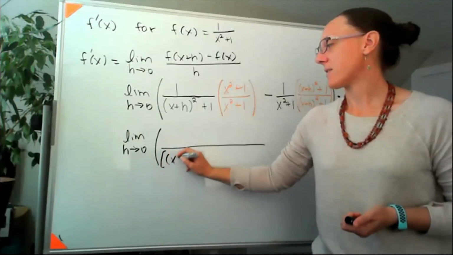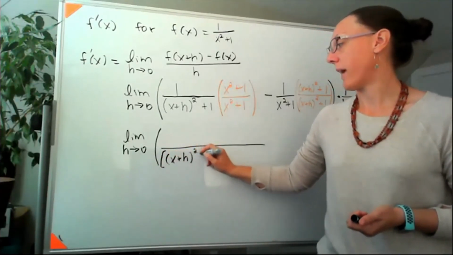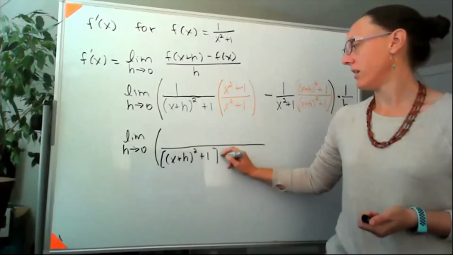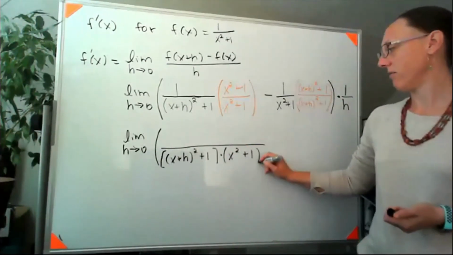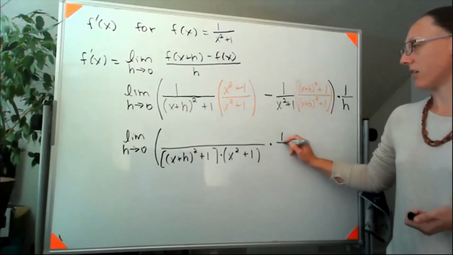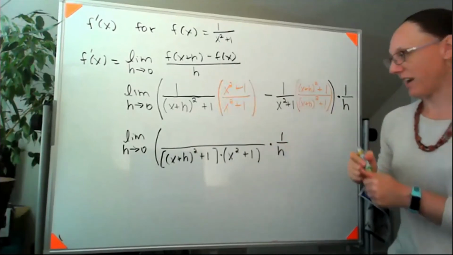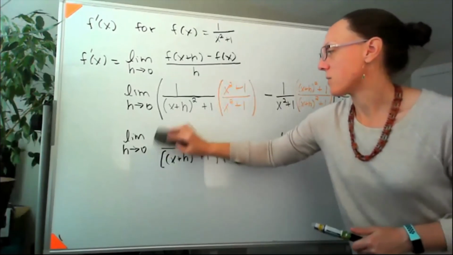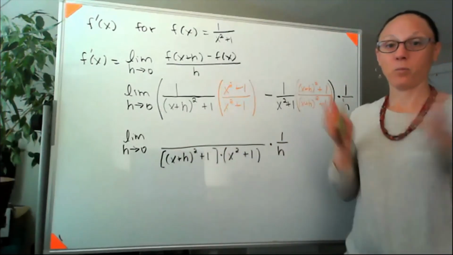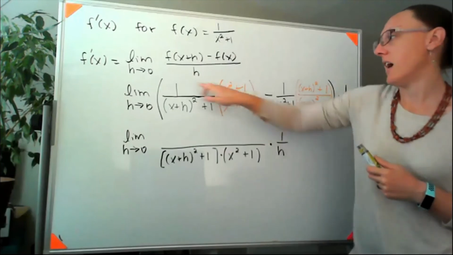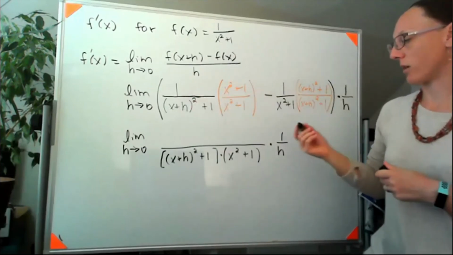So I've got (x plus h) squared plus 1 times x squared plus 1. And then we've got our times 1 over h out there. I didn't really need those parentheses. And now in the numerator, when I'm combining those fractions, I've got 1 times x squared plus 1.